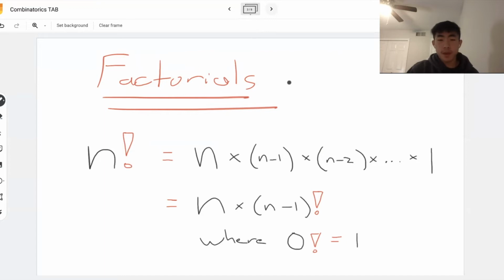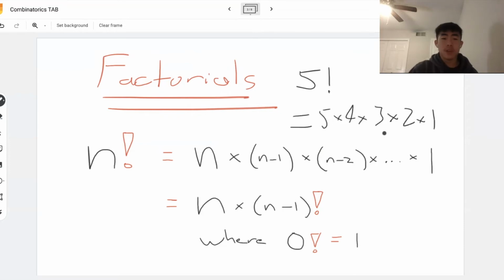So basically, if we have 5 factorial, which is what we just did, that would be 5 times 4 times 3 times 2 times 1, which in other words is just the number multiplied by every positive integer before it, all the way down to 1. So similarly, 4 factorial would be 4 times 3 times 2 times 1, and so on.